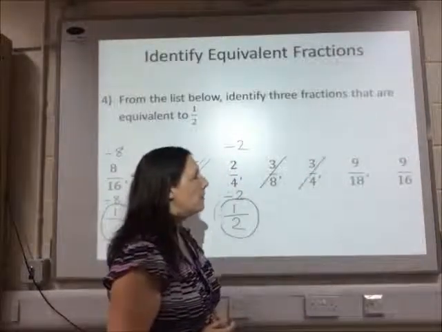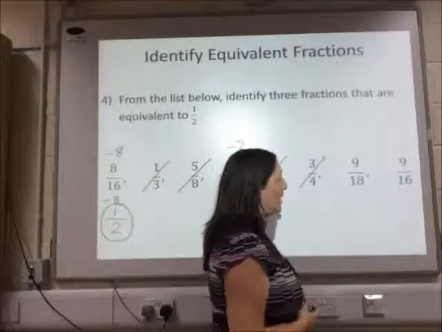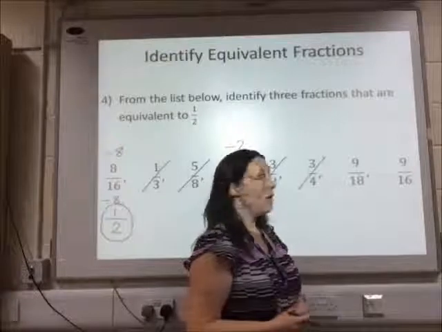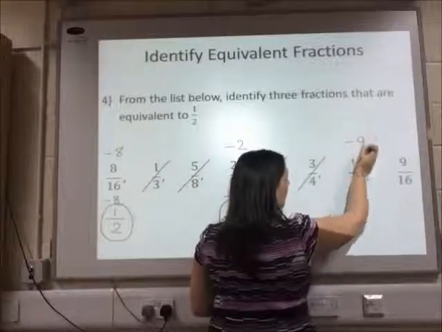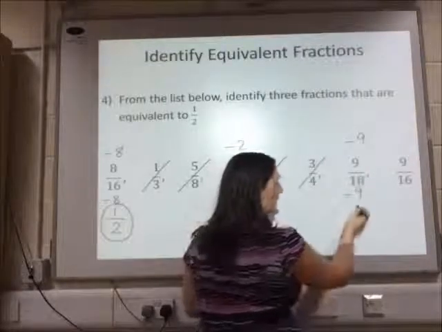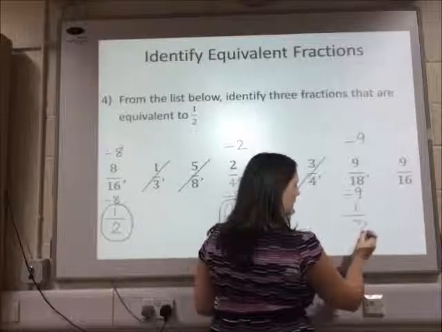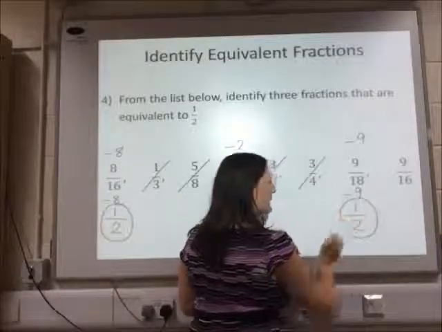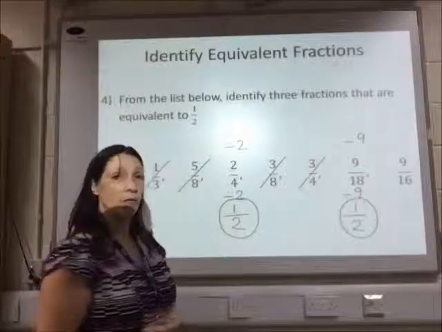9 over 18, we can find a common factor here, as 9 and 18 are both in the 9 times table. So if I divide top and bottom by the number 9, 9 divided by 9 is 1, 18 divided by 9 is 2. Again, this gives me a half, and this is equivalent to our original fraction.